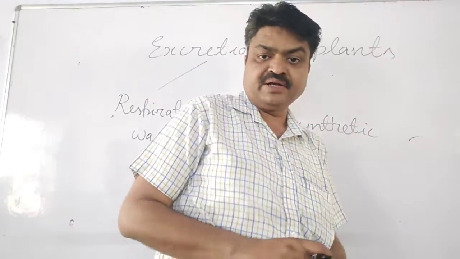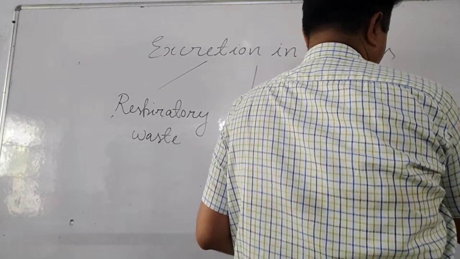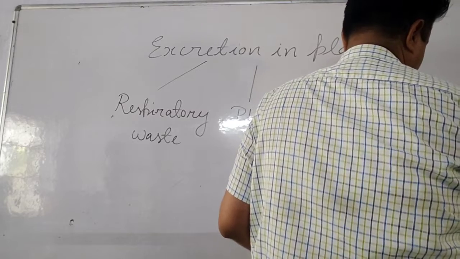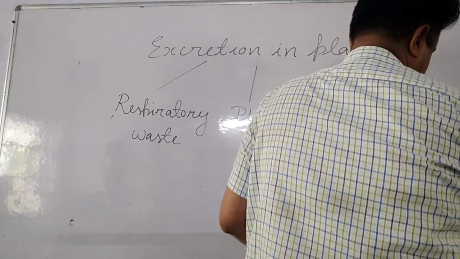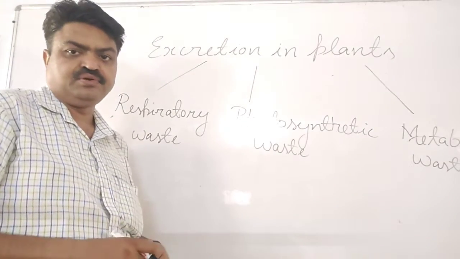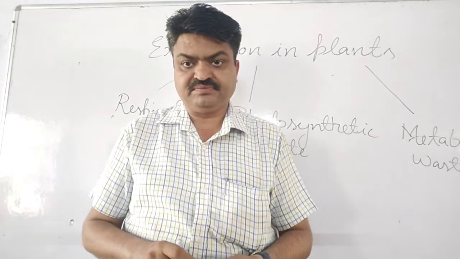Third is metabolic waste. These are the three types of waste, students, that are produced inside the body of the plants.